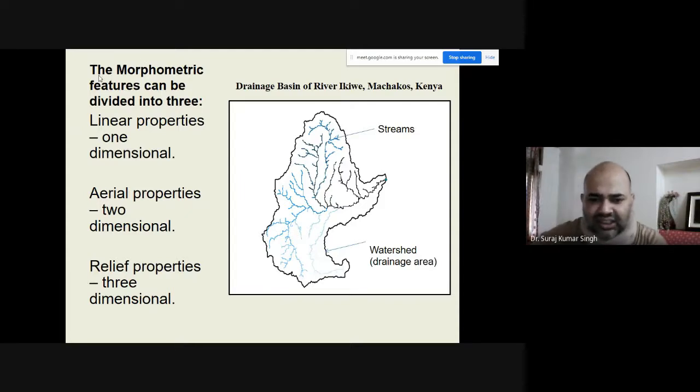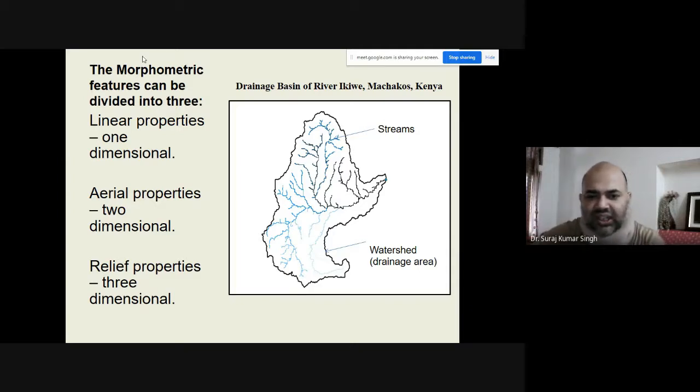So you can see that this is a watershed differentiated and delineated using satellite remote sensing, or you can use topographical sheets to demarcate the different kinds of streams, the watershed boundary, the rivershed area, and the different kinds of order.